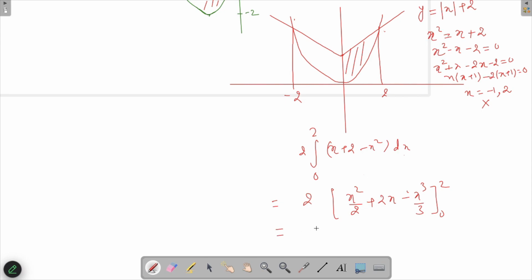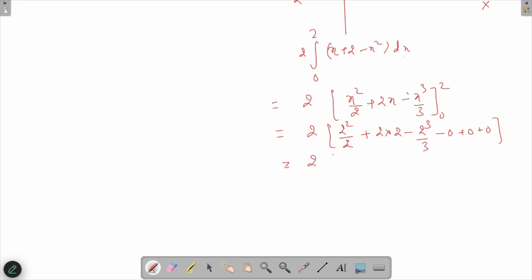Substituting 2, this becomes 2 times 2 squared by 2 plus 2 times 2 minus 2 cubed by 3, and minus 0 when you put 0. So this will become 2 times 2 plus 4 minus 8 by 3. Taking 6 into 3, which is 18, 18 minus 8 divided by 3 gives 2 into 10 by 3, which is 20 by 3.